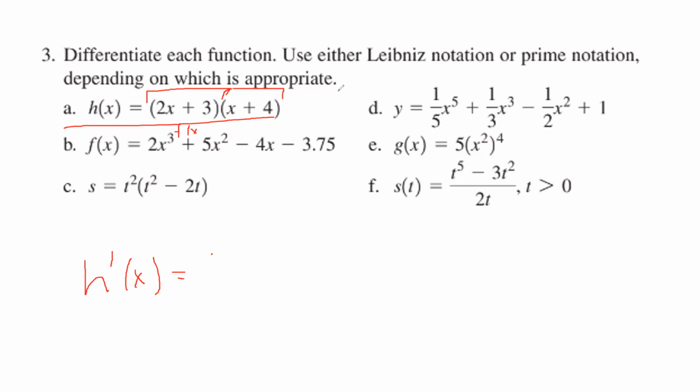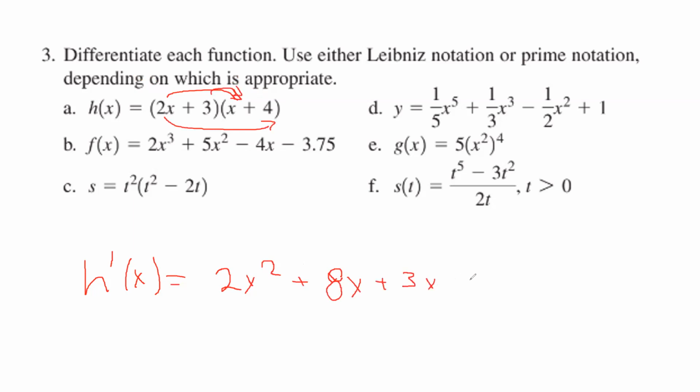For the product, it means derivative of the first one times the second function, plus derivative of the second one times the first function. But for simplicity, why would we do that? This one can be treated as 2 times x squared, multiplying by this, plus 8x, multiplying by this, plus 3x plus 12.